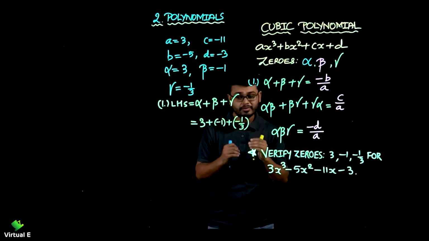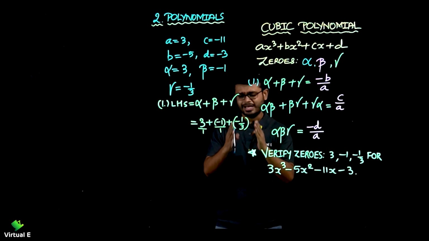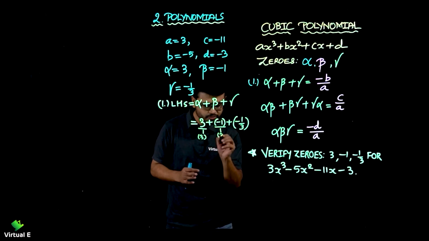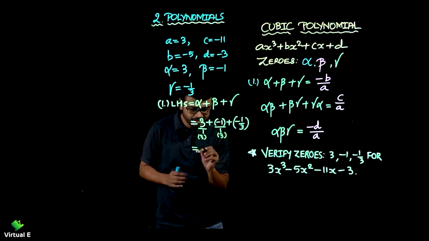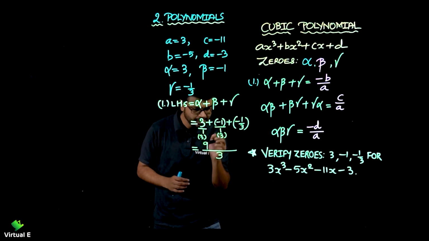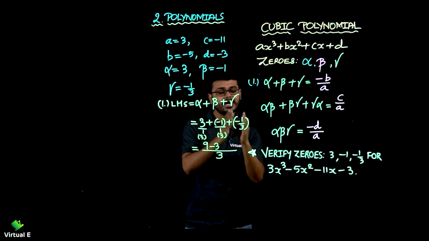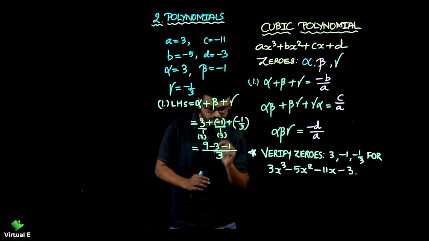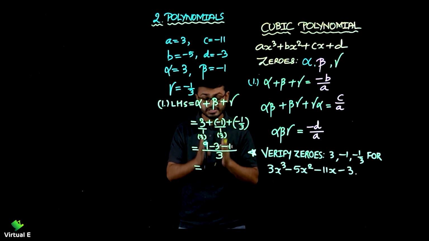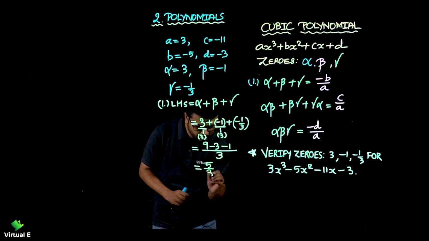There are no other denominators, so I will write 1 to avoid confusion. So the LCM is 3. Simple. I will multiply the remaining two terms by 3 and the LCM will be in the denominator, which is 3. 3 threes are 9, 3 into minus 1 gives minus 3, and minus 1 remains as it is. So let's solve it. 9 minus 3 will give you 6. 6 minus 1, that is 5. 5 over 3.